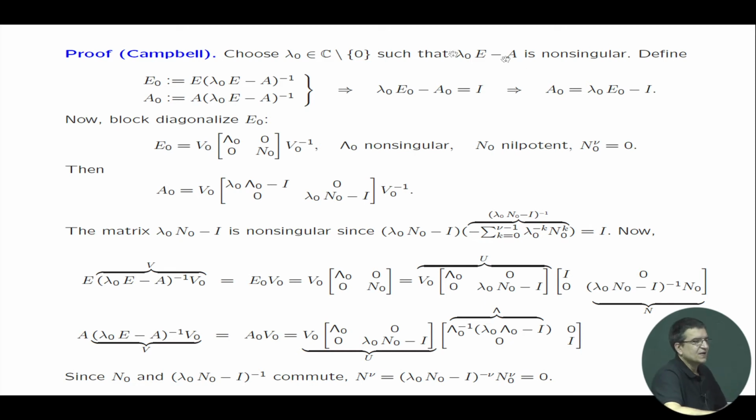So now we define a new E, and we pick such a lambda for which this is non-singular, and then we define a new E and a new A, just by multiplying the old E and old A with the inverse of this matrix, which exists.